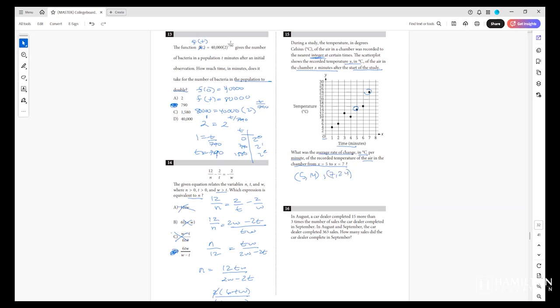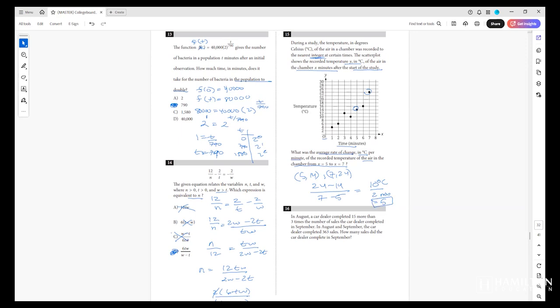All right, and then average rate of change is code for slope. So we want to find the change in temperature over the change in time. So 24 minus 14 over 7 minus 5 will be 10 degrees Celsius over 2 minutes, which simplifies down to 5. And 5 is the right answer.